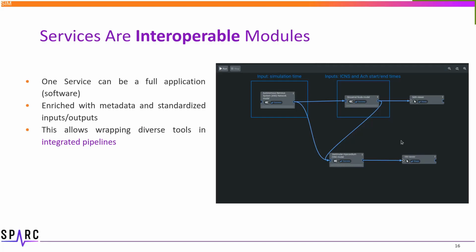For example, if you want to work with medical images and do a segmentation, we have software that allows that as well. You can imagine this block as something that your collaborator can use, and you can really bring expertise from different groups, who can bring their years of expertise into a single pipeline. This is something we really saw a lot by working with different Spark researchers. You can enrich your pipeline with other metadata, standardized input and outputs, as we saw, and really build integrated pipelines.